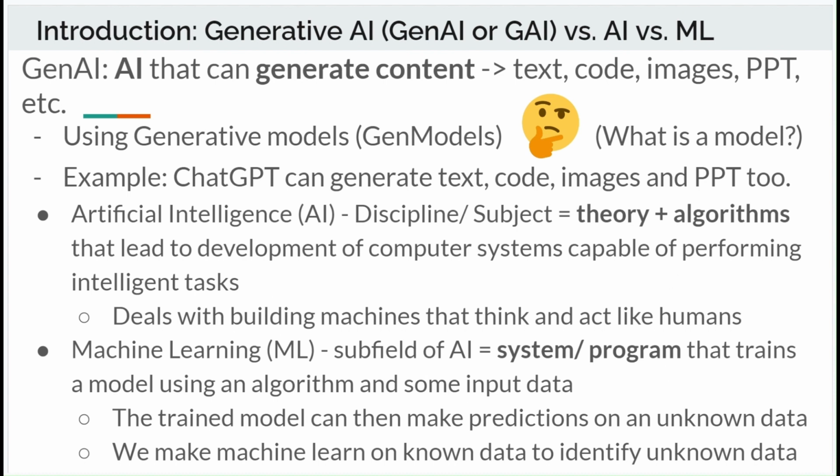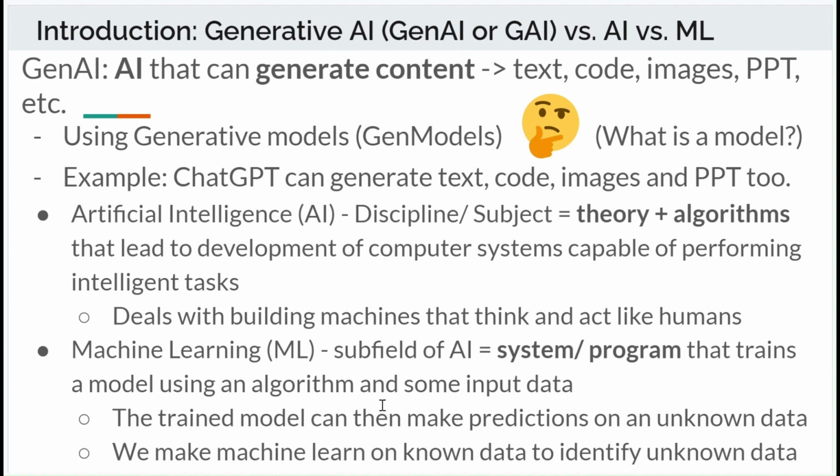So, using these algorithms, we can actually create a system, an expert system, or basically a machine which replicates an expert, and that expert can do a particular task for us. Now there are different algorithms that have been created to do certain kinds of tasks. Okay, so we'll not go into those details for now, but artificial intelligence is specifically a discipline or subject, and it deals with building machines that think and act like humans.